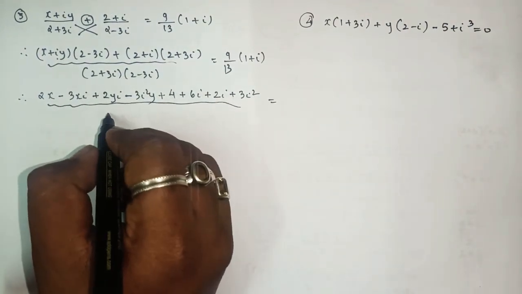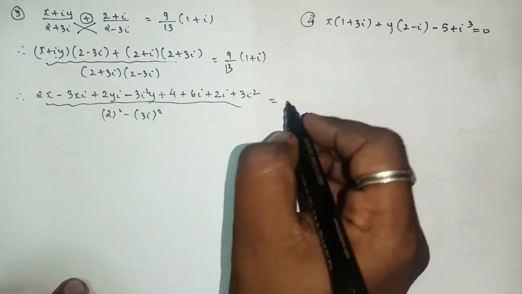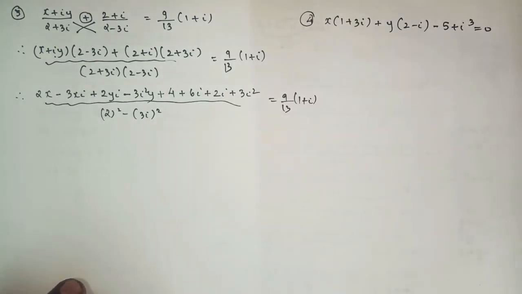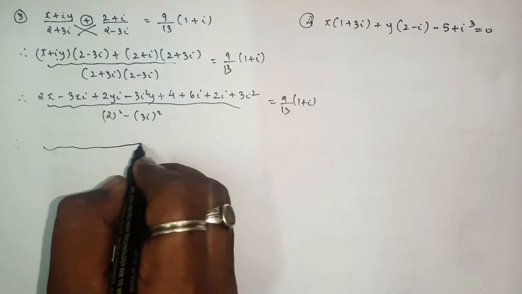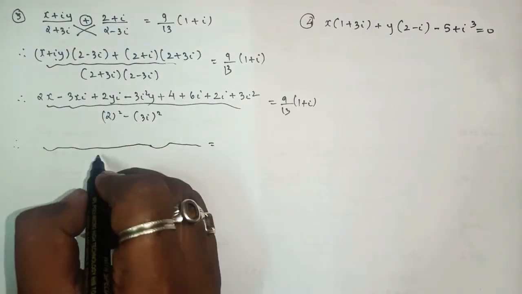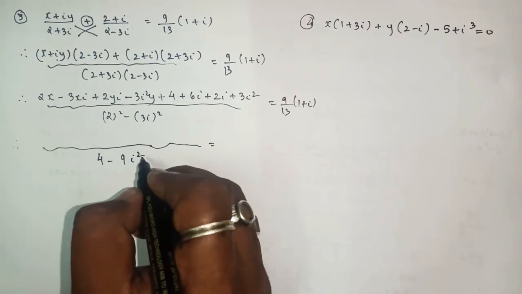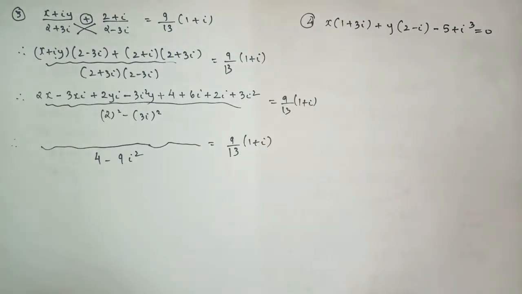So which we can write as a square minus b square, and here we have 9 upon 13 into 1 plus i. Okay, so in the next step, 2 square is 4, 3 square is 9, i square we can write as i square, yes or no? We'll keep this 9 upon 13 into 1 plus i as it is.